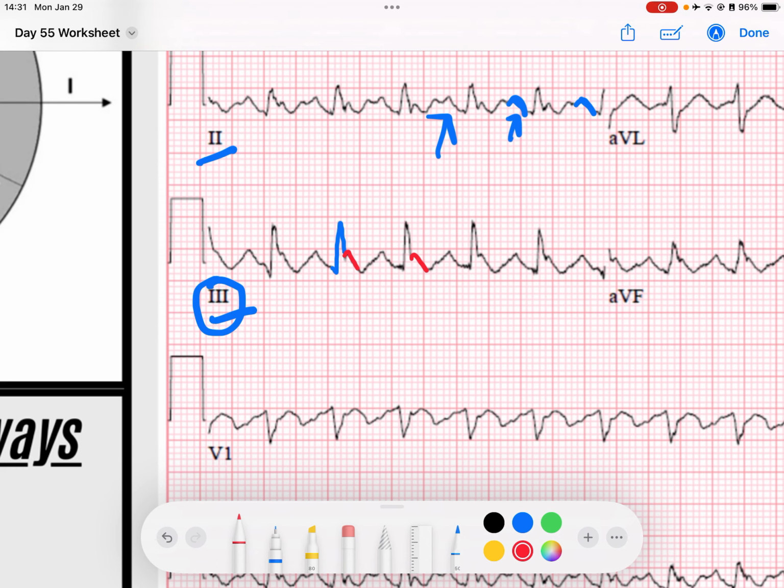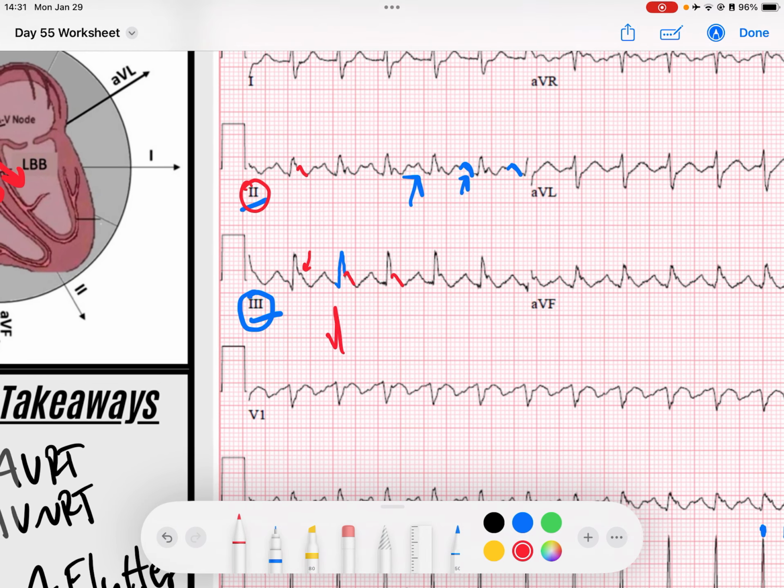We know that narrow complex QRSs are usually sharp, but this has this upward deflection that is a little bit slurred. I can see that here in lead 2 as well, where you've got this notching at the end. That's not characteristic of an ST or T wave.